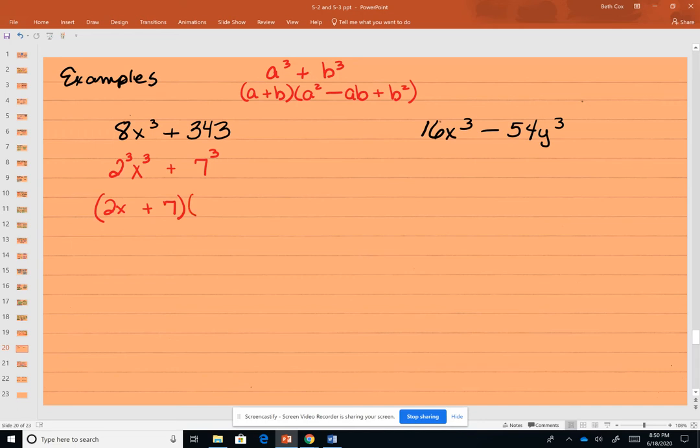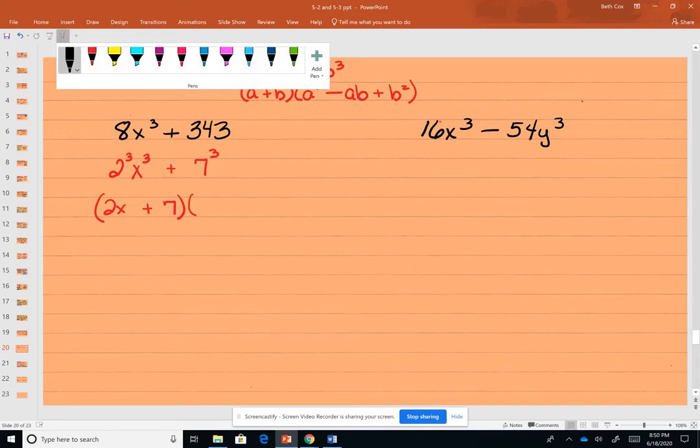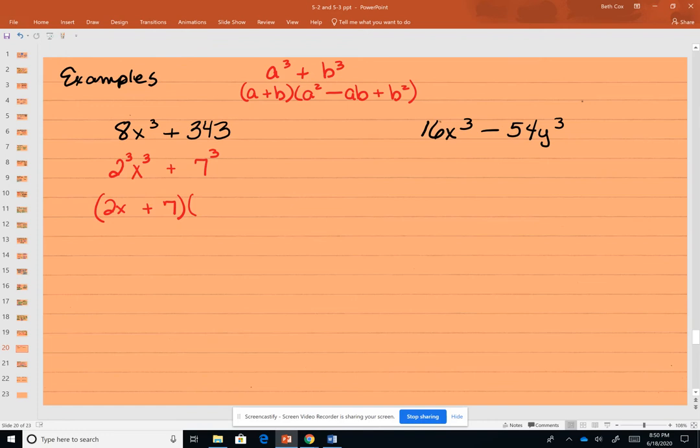Now this is what confuses people: this one has an a, but this one has two things. Let's just look at the whole thing as an a. So this would be 2x to the second, minus 2x times 7, plus 7 to the second.